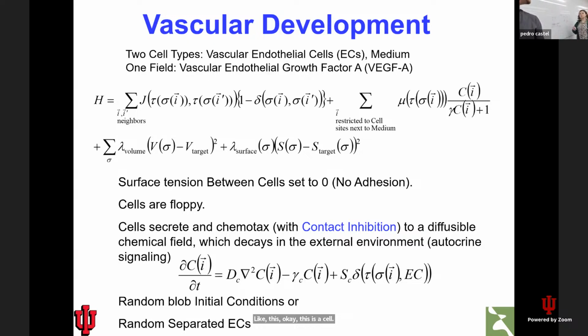So your rightmost parenthesis is encompassing just sigma, not EC. Yeah, so the type of the cell at that position. I think it's a mistake in the slide. It's supposed to output a 1 if they're the same and a 0 if they're not. Okay, thank you.